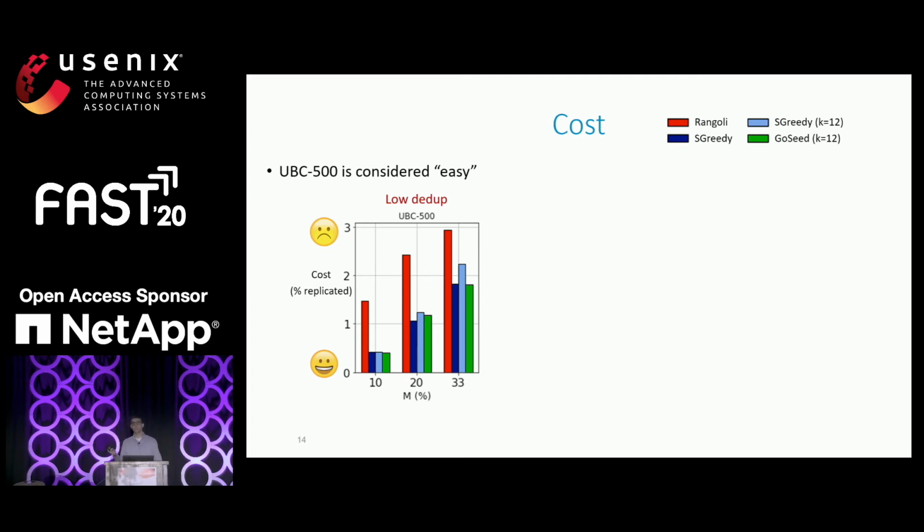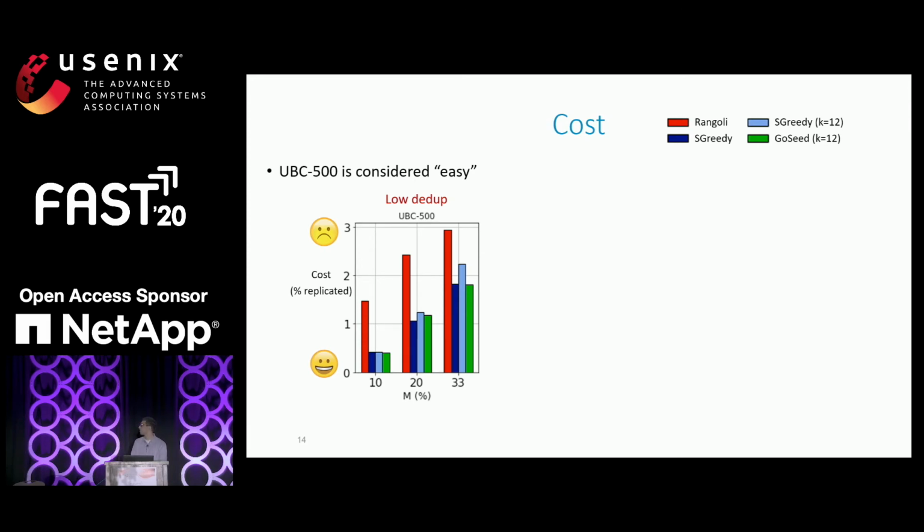On the y-axis, we have the cost, the percentage of blocks replicated due to the seeding plan. On our first workload, which had a low deduplication, we can see that pretty much all the algorithms came up with a solution, and the solutions were relatively low in cost, which is good.